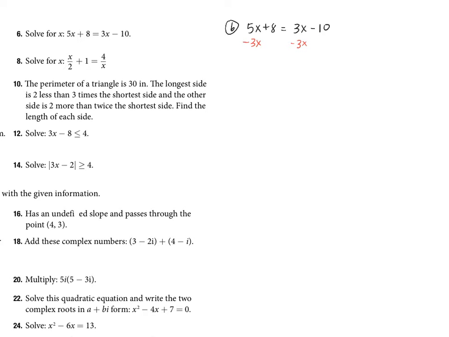We want the x's on one side and the constants on the other. Subtract 8 from both sides. So that moves the x's to the left and the constants to the right. 5x minus 3x is 2x. Negative 10 minus 8 is negative 18. We're going to divide by 2. So then x will be negative 9.